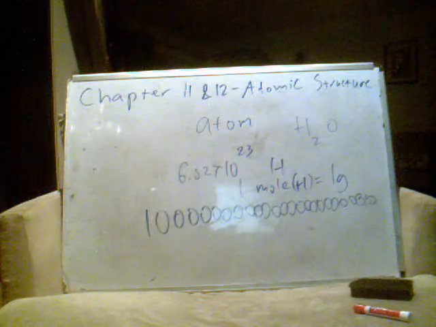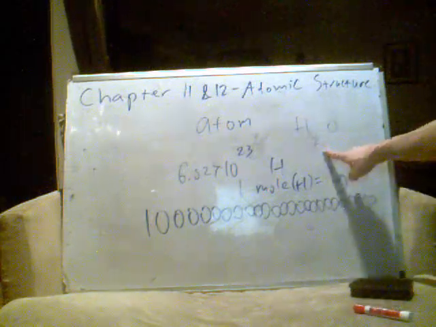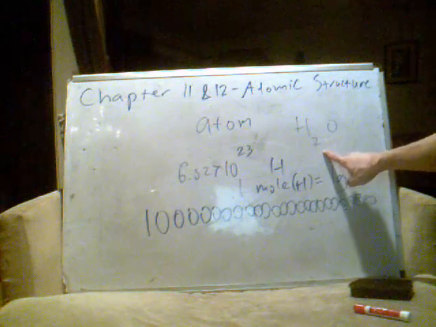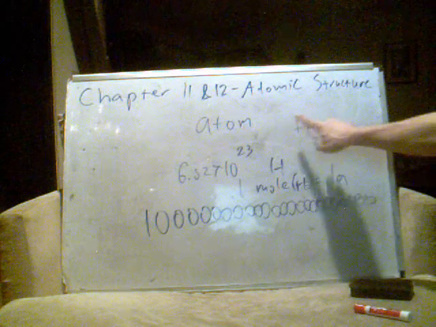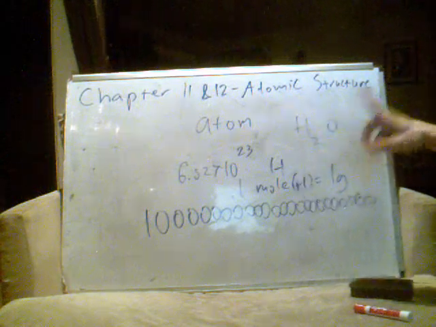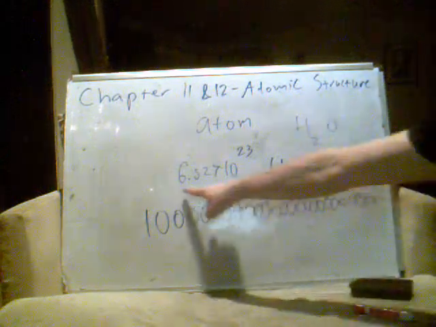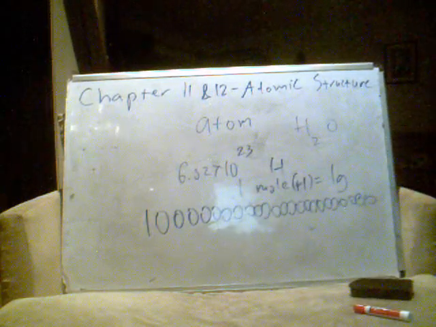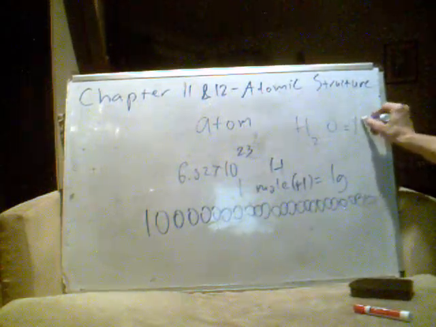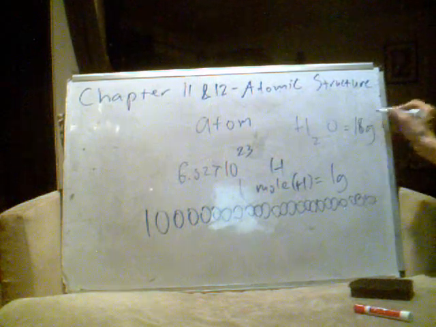The atomic mass of water is 18: oxygen is 16, hydrogen is 1 each, for a total of 18. And if you had 1 mole of water, or 6.02 times 10 to the 23rd water molecules, you would have 18 grams of water.